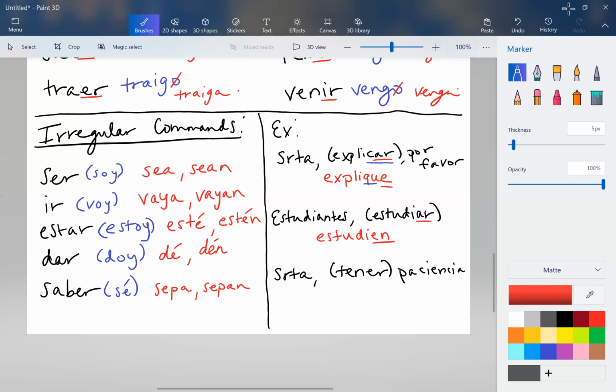The yo form is tengo. It's an ER verb. So what am I doing with that O? Tenga.